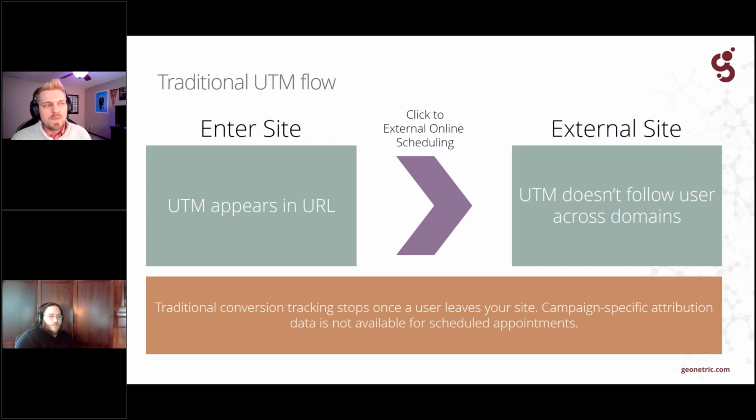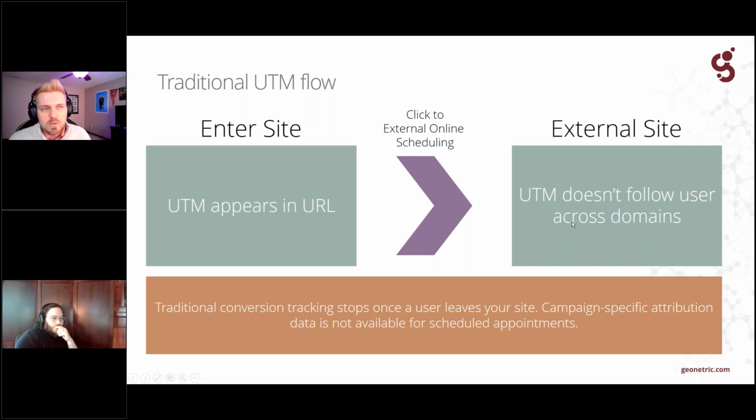If you're running 10 different paid campaigns for urgent care, you have PPC, display, social, Spotify, iHeartRadio, a newspaper ad, all these different initiatives you're working hard on to drive appointments for urgent care or primary care or whatever. And you're using UTMs so you can keep really good track of that data within your website.